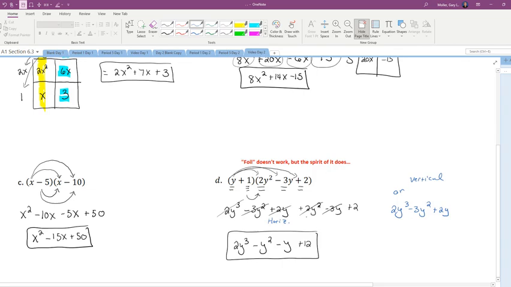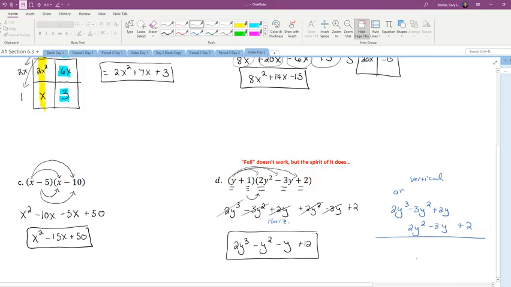Then instead of writing the answers down next to those when I do the 1 times, I'm going to line them up according to common terms. So 1 times 2y squared is 2y squared. I'm going to start that right here. 1 times negative 3y, that would line up here, and 1 times 2 would stick out on the far side.